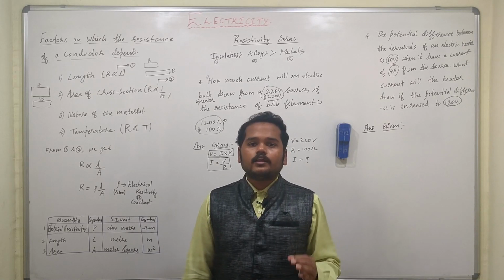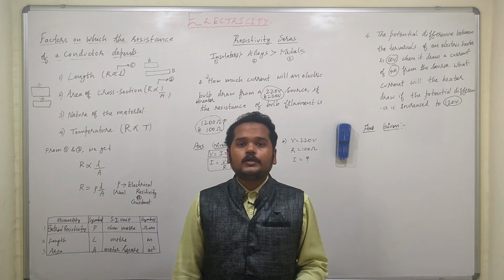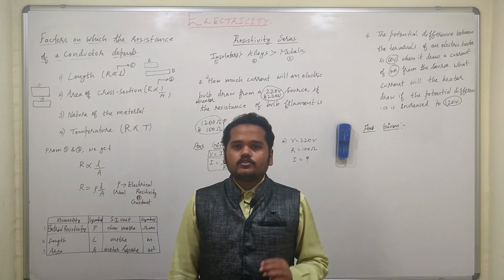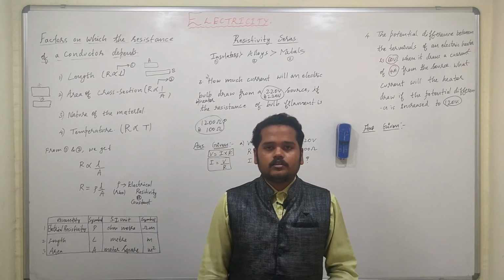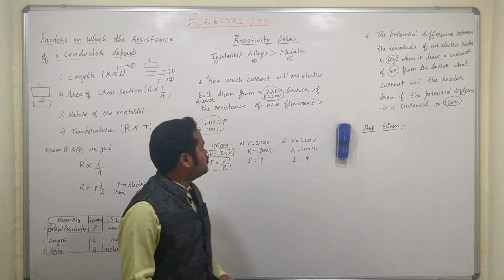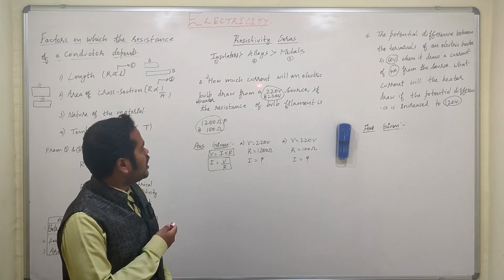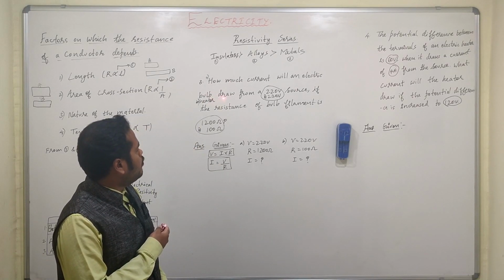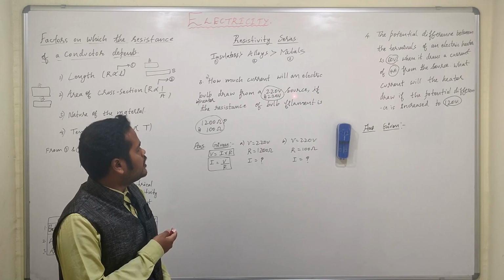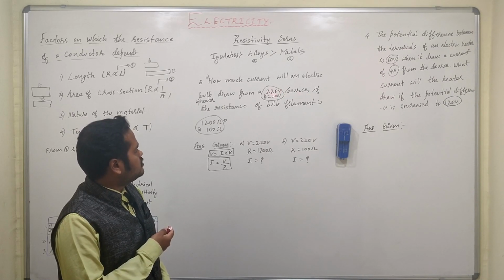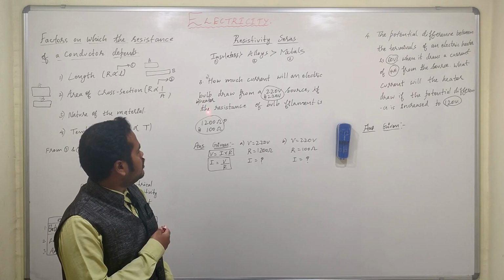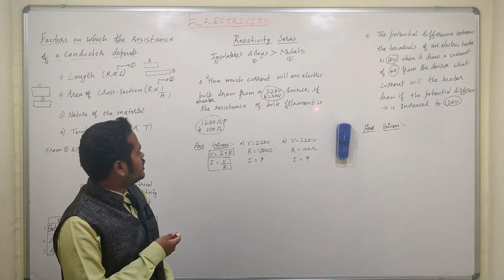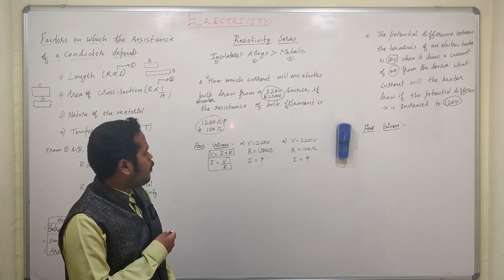We have learnt in Ohm's law, V is equal to IR. So using that formula, we will solve two important sums. Let us see the first sum. How much current will an electric bulb draw from a 220 volt source, if the resistance of the bulb filament is 1200 ohm?